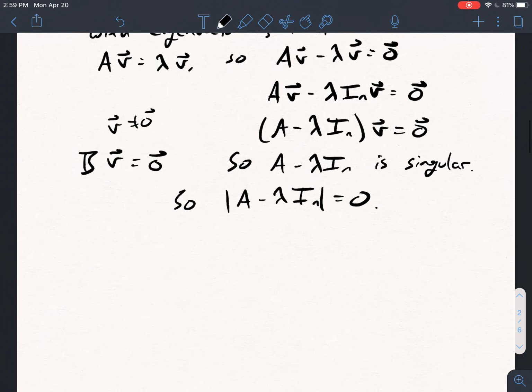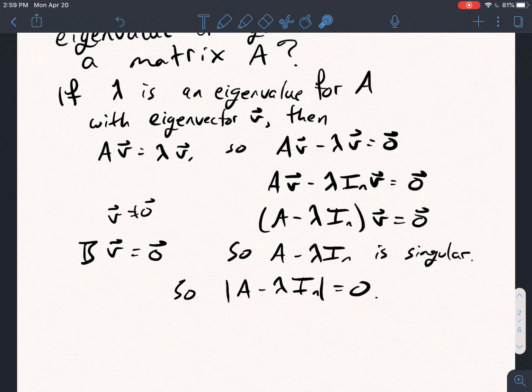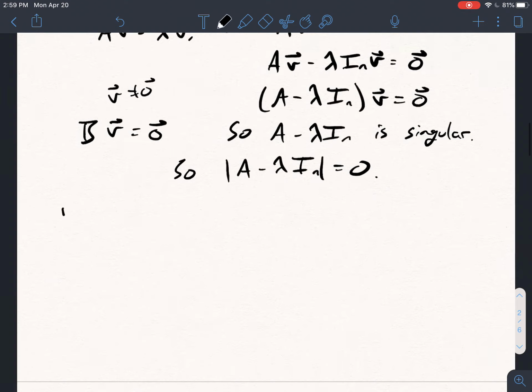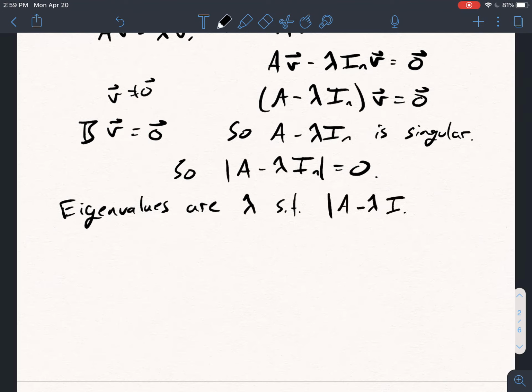So what we really are interested in is when the determinant of A minus lambda I is equal to 0. This is what we're going to look for, our eigenvalues. And to get our eigenvectors, we just go back up to this right here. So eigenvalues are constants lambda such that the determinant of A minus lambda I is equal to 0.